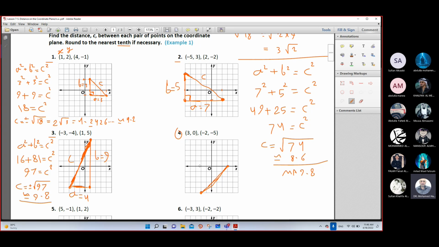Then continue to create the third point to create the right triangle. So 1, 2, 3, 4, 5. And here 1, 2, 3, 4, 5. And this is here C.